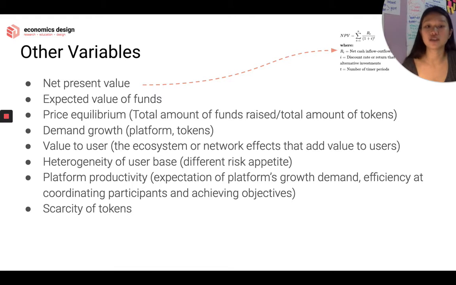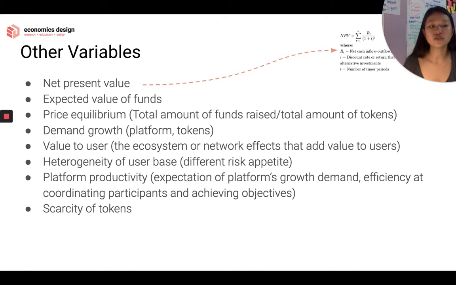And then what's the value to the user? This is something that a lot of social media platforms are using, like Instagram, Facebook, Snapchat, I think. Basically, they find out what's the value to each user, and then they just multiply by their user base. And as the ecosystem grows, as you look at network effects, the value to user increases.